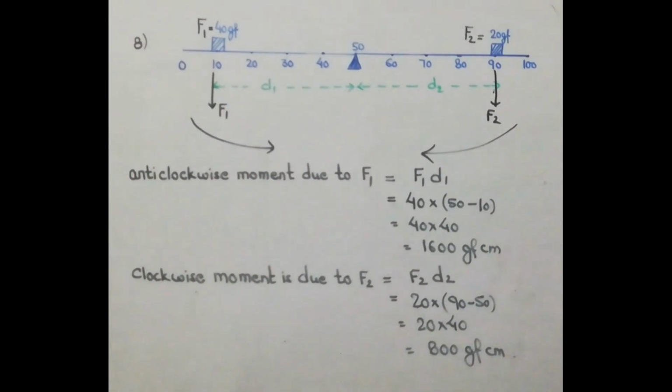So we have calculated the two moments. Now as we can see, the two moments produced are not equal. So the anti-clockwise moment is not equal to the clockwise moment. So we can say that the scale is not in equilibrium.